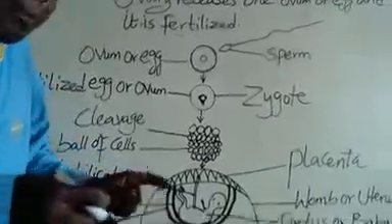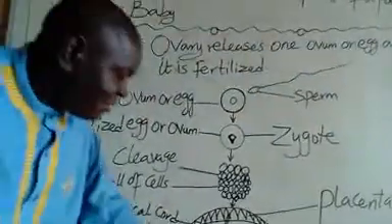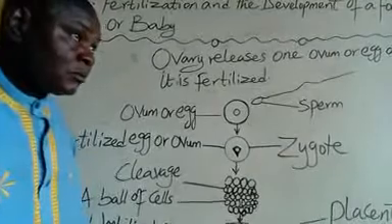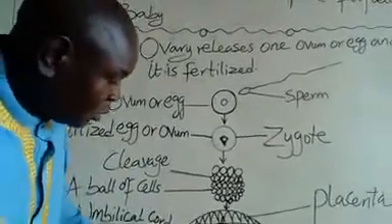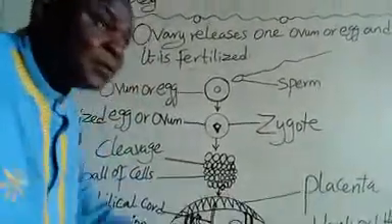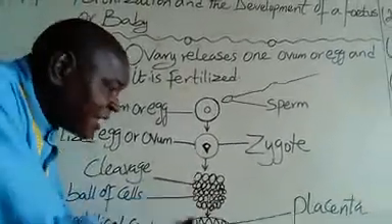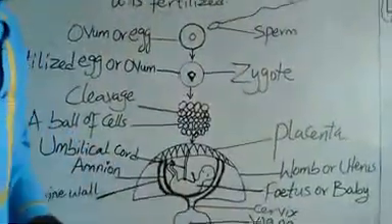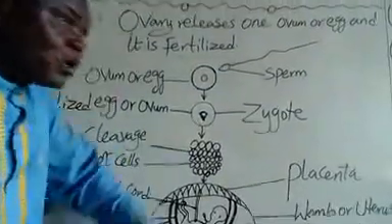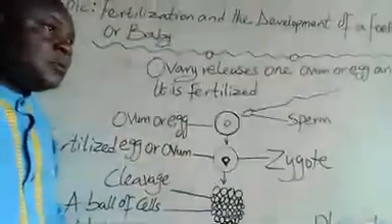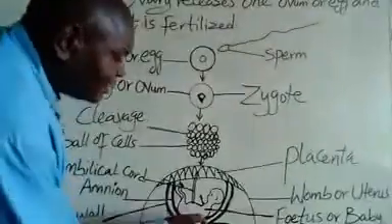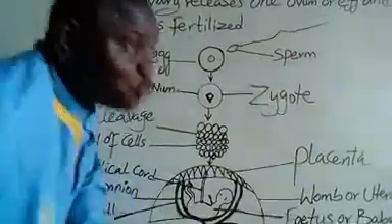When a woman is giving birth, this cervix will expand in order to allow the passage of the baby. The cervix will expand so that the baby can pass through.